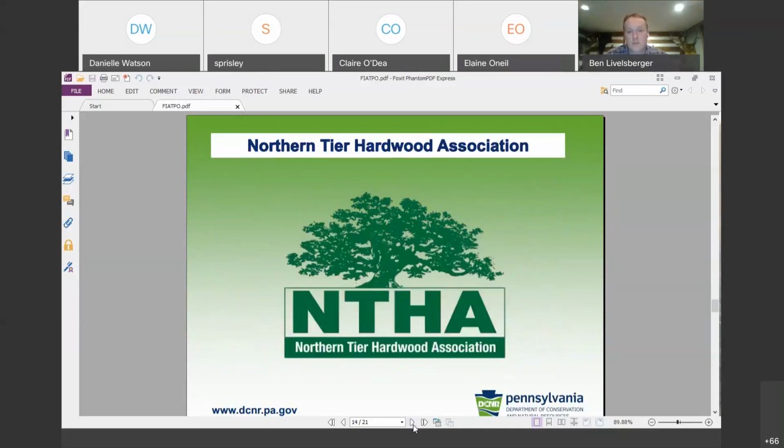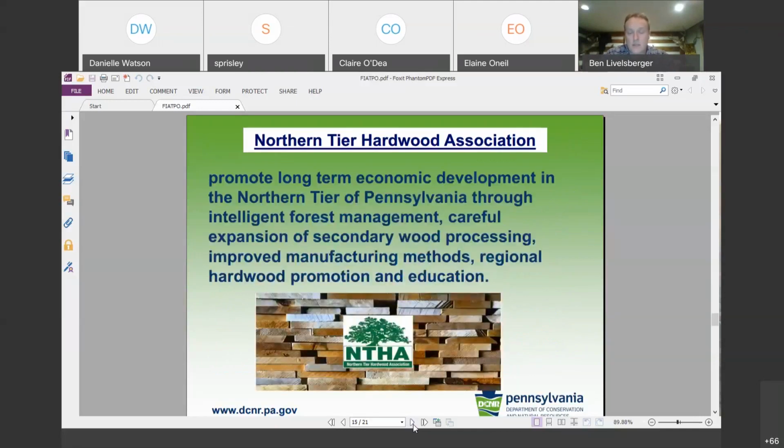The next association, and this is still another HUG, is the NTHA, or Northern Tier Hardwood Association. This association is in the northeastern part of the state, up towards the New York area, and they cover 9 different counties. They're made up of secondary loggers, sawmills, and foresters and loggers all together.